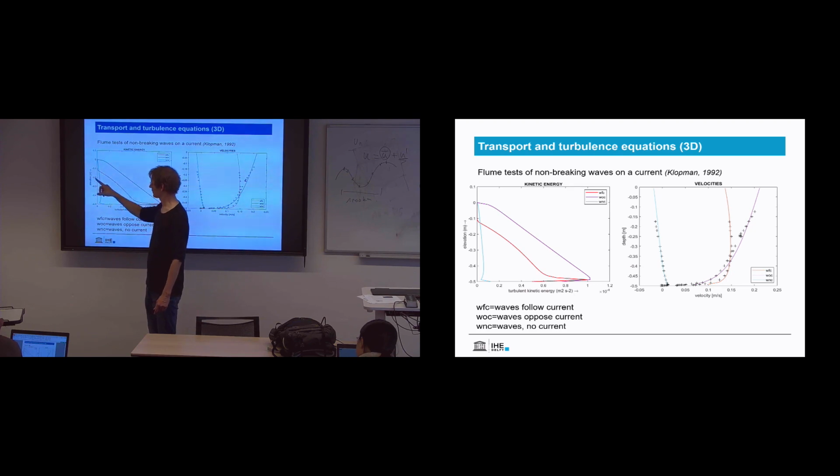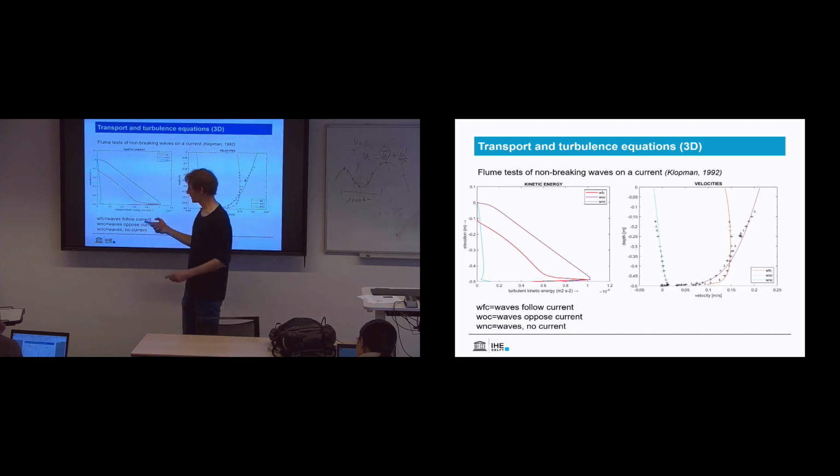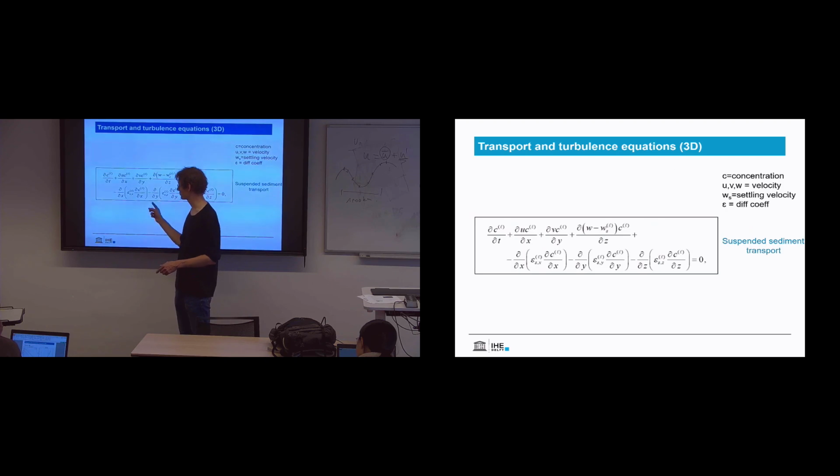But if you put a current on it, then you get additional production, because you get the effect of the vertical velocity shear. You get the effect of enhanced bed shear stress, because you have currents and waves, and those work together. So that's another production term. Does this work?